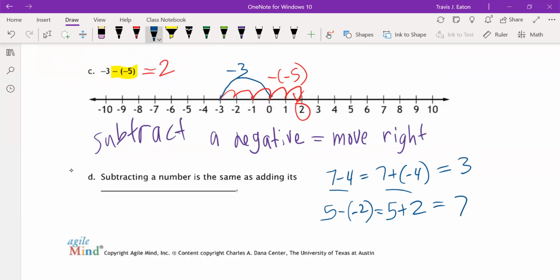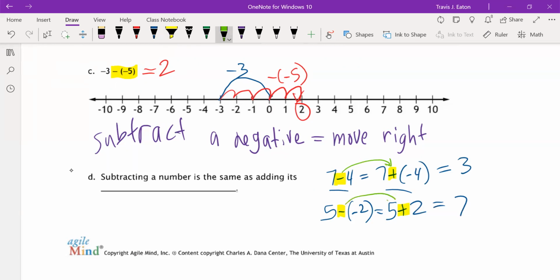So subtracting 4 is the same thing as adding -4. Subtracting -2 is the same thing as adding 2. So the first thing you should notice is that we change subtraction to addition, just like that. And the same thing here, we changed subtraction to addition.